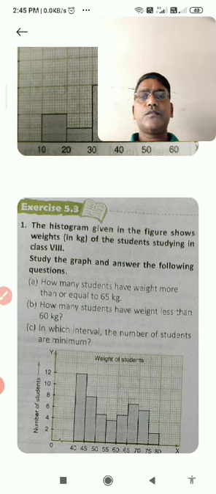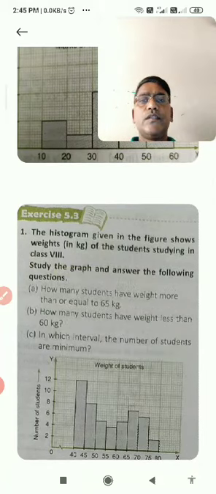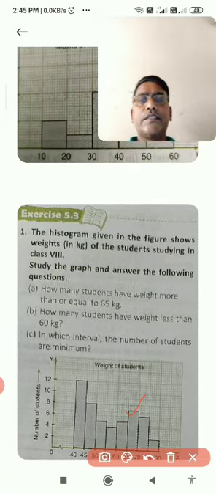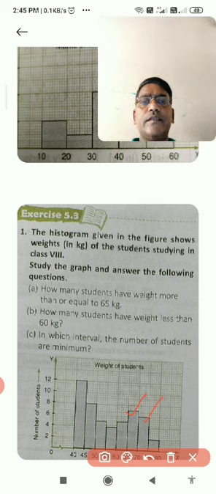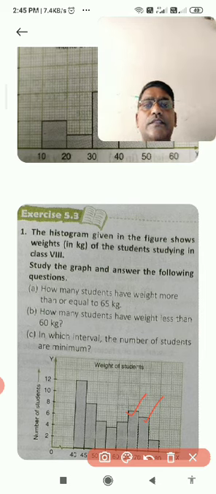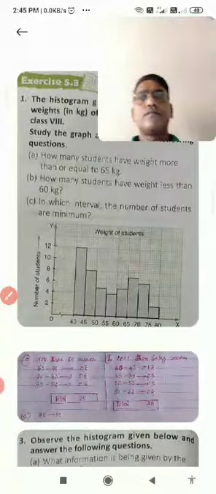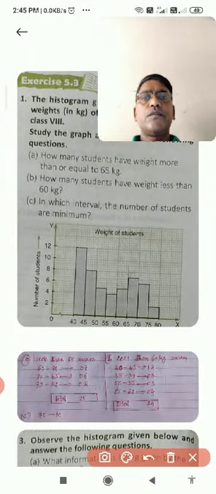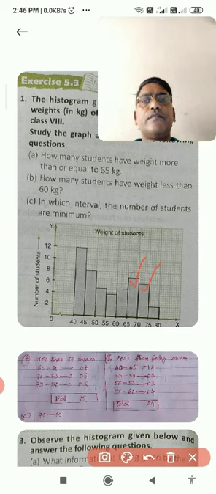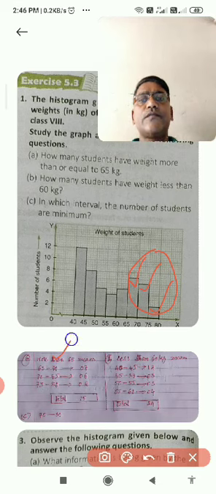You see here, I explained clearly: 65 to 70, 70 to 75, 75 to 80. By adding these you get the number of students with weight 65 or more.